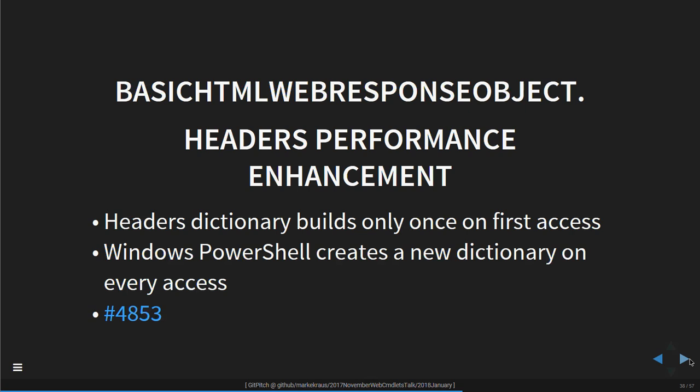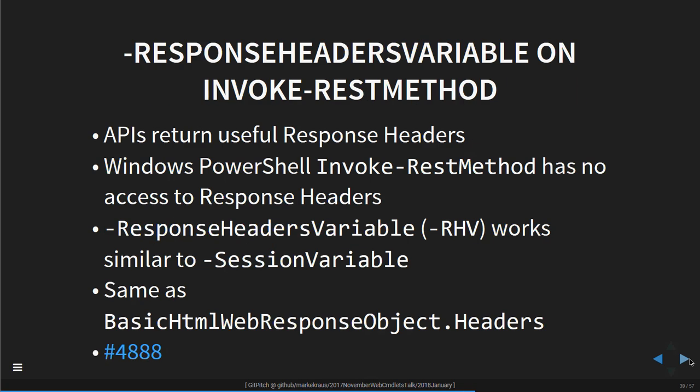So we've changed that so it doesn't generate it until the first time you access it, and after you've accessed it once, you get the same headers collection back every single time. So it's faster and has less memory overhead if you're doing a lot of header operations. And that was done in pull request 4853.